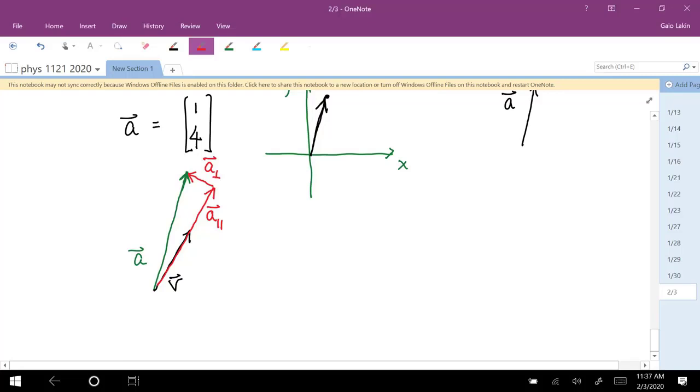Okay. These are 90 degrees from each other. So based on that, is A parallel in the same direction of the velocity or the opposite direction? Same, so is it speeding up or slowing down? Speeding up. And then A perpendicular is that way, which means that it's turning that way, not that way.